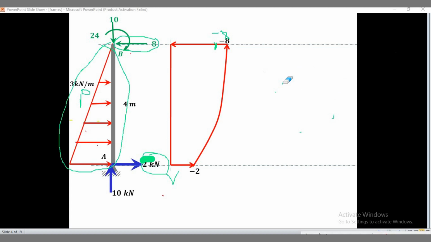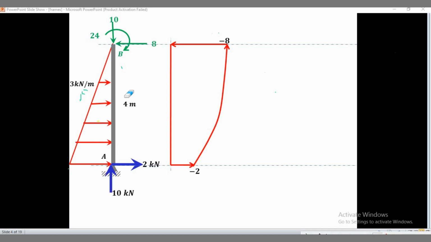Before I go to the moment diagram, any question? Okay, negative 8. Okay. So, kung walang question, proceed na ako sa may moment diagram.